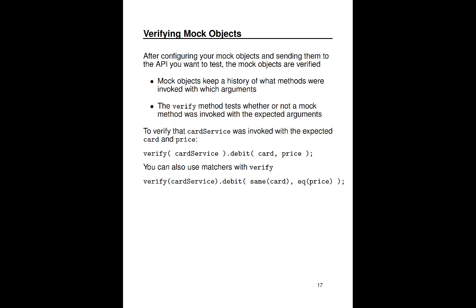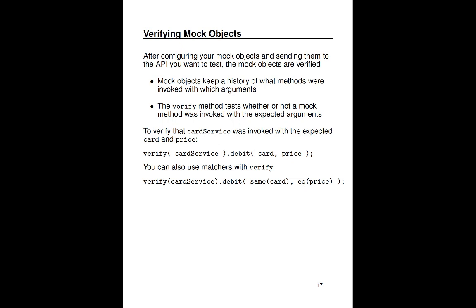You use the verify method for that. The Mockito managed mock objects will keep this history, if you will, of what methods were invoked and what arguments were passed in. And so then the verify method lets you assert, for lack of a better word, that a mocked method was interacted with in the way that you expect.